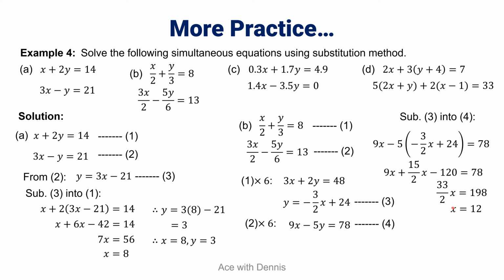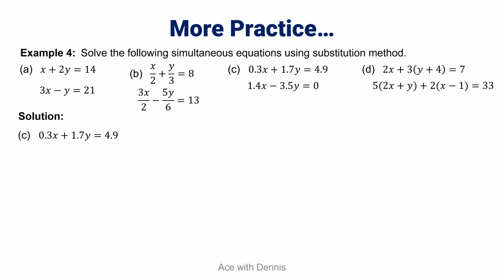Now everything is x, there is no y. So solve this equation and the value for x will be 12. After that, substitute this into the third equation. So y will be negative 3 over 2 times 12 plus 24, and the value is 6. Hence, the solution for B is x equals 12 and y equals 6.